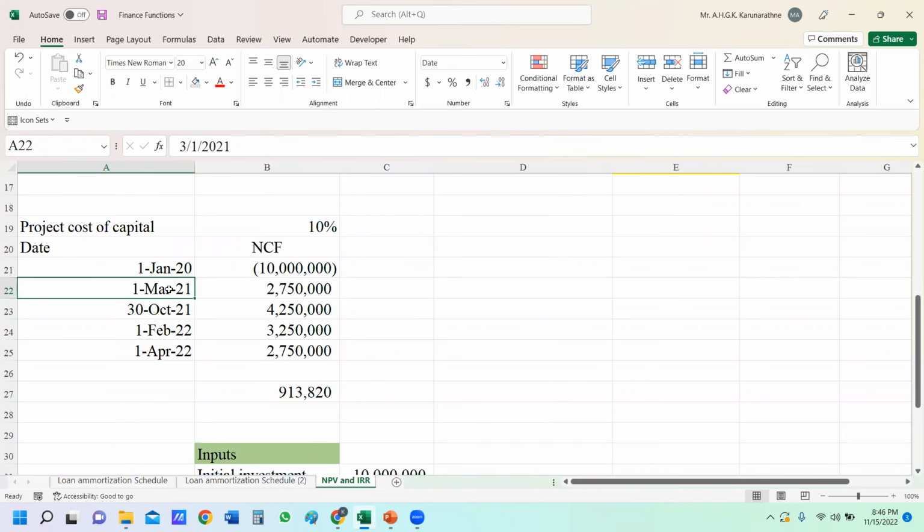If it is 1 year, you can simply take 1 divided by 1 plus r to the power 1. But this time, to the power how many years? Is it 1 year? No. Is it 1.1? No. It is 1 year plus 2 months.